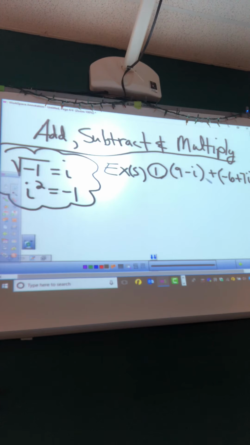They're in parentheses because they are complex numbers. We're just going to combine like terms if we're adding or subtracting.